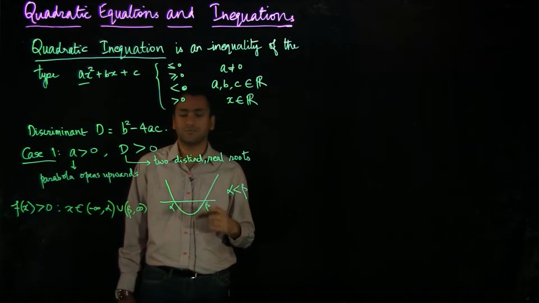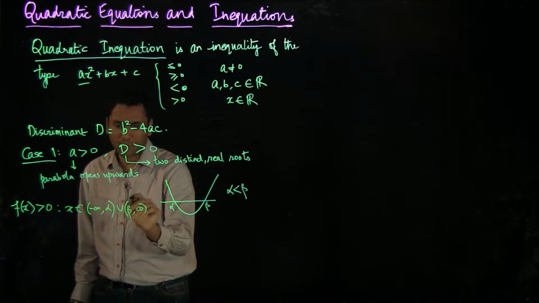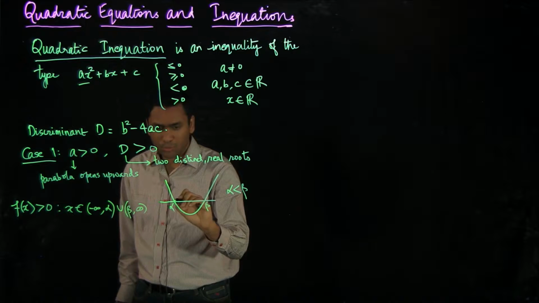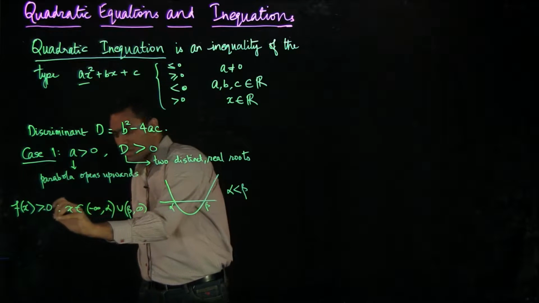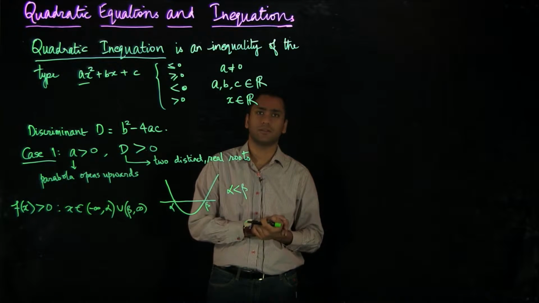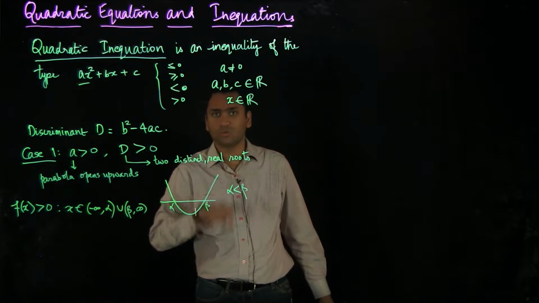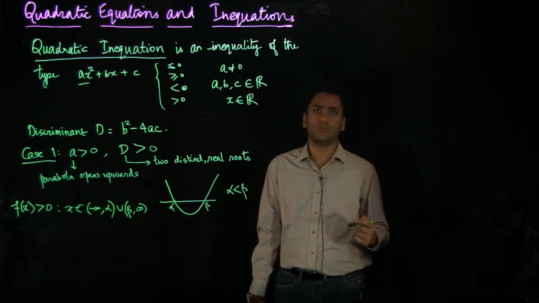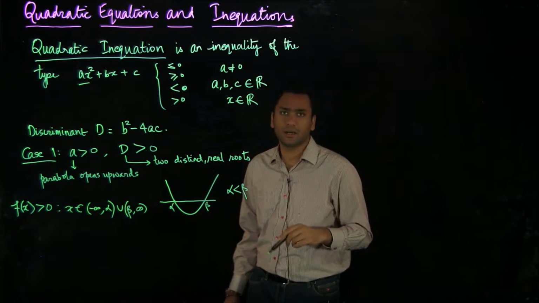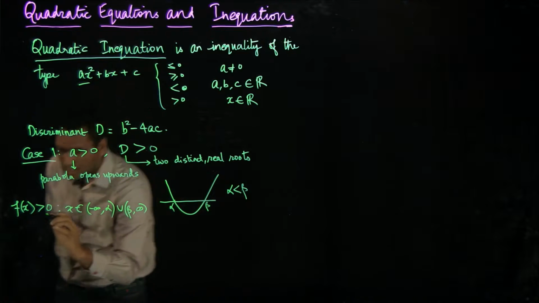The other option which I could have used were square brackets. So square bracket means that we are including the point, whereas here, because this is a strict inequality, f(x) has to be strictly greater than 0. That's why we can't include the point alpha. If we were to include the point alpha, we would actually be solving the inequality f(x) greater than or equal to 0.